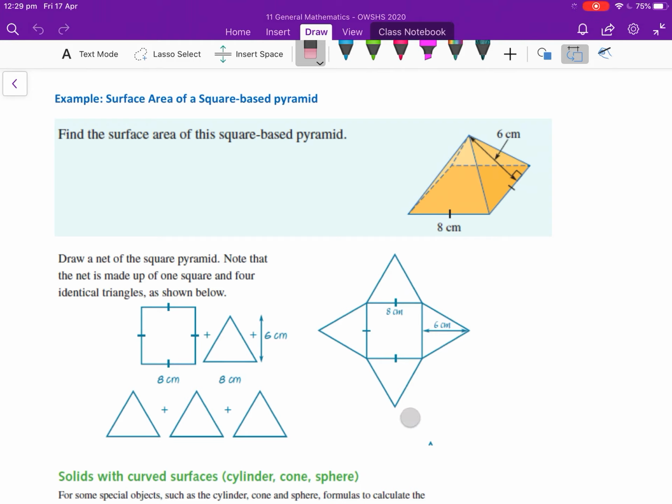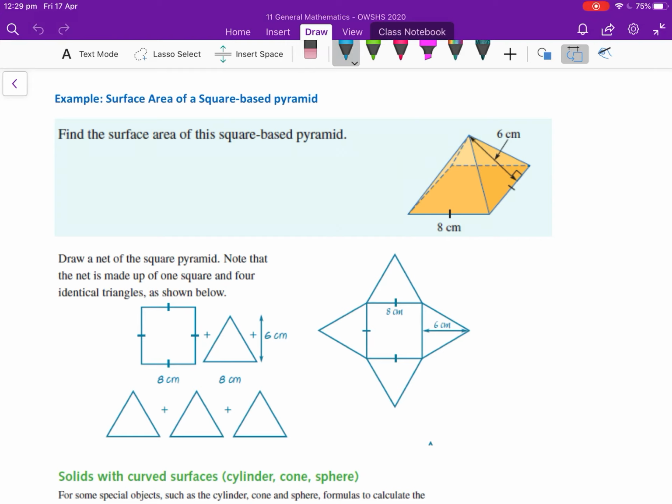Down here we've got our net, and you can see we've got our square base from the pyramid, which was 8 centimeters by 8 centimeters, and then we have each of our triangles from the pyramid, which have a height of 6 centimeters, which we've stated. So when we look at surface area, we've got the one square plus the triangles, and we've actually got 4 of those. So 4 triangles in total and the one square.